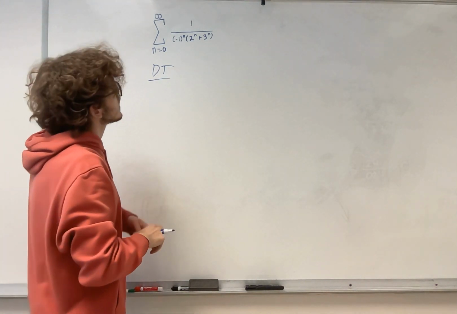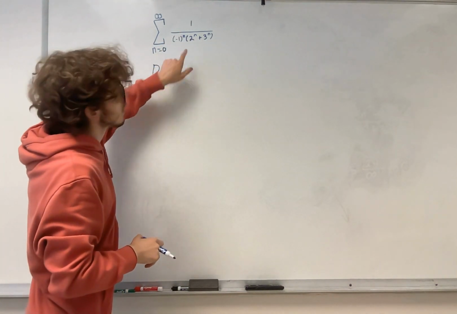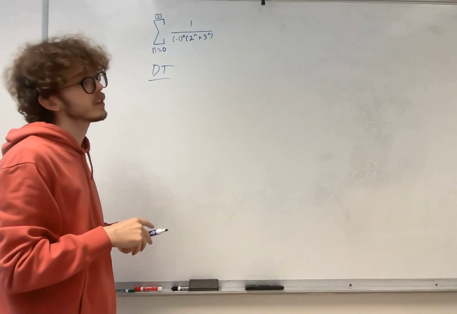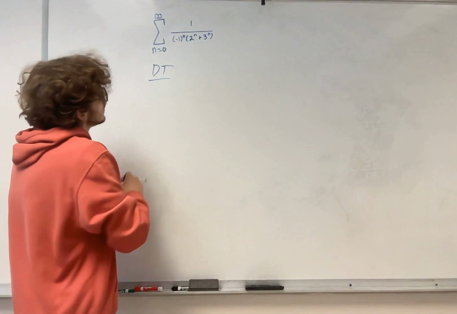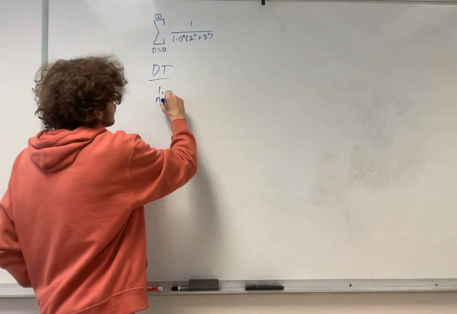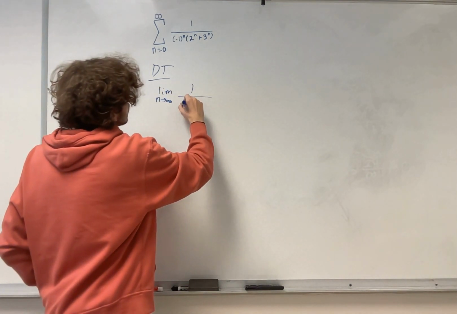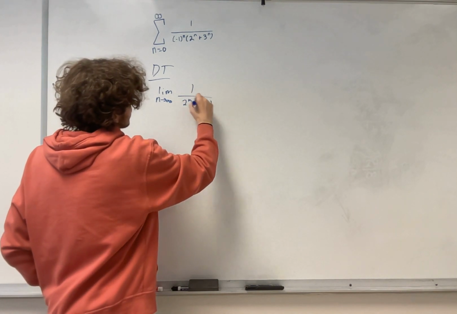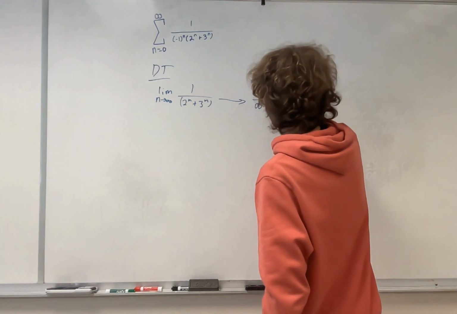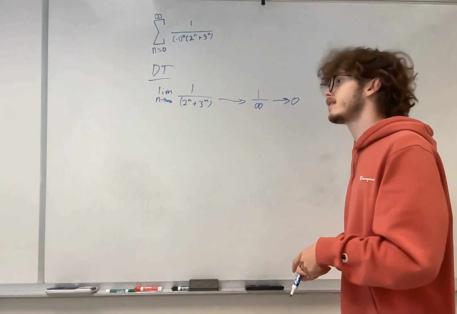But the divergence test of just a_n without the operator. So basically this is the divergence test, but take out the -1 operator. So what this says is, take the limit as n approaches infinity of 1 over 2^n plus 3^n. Okay, quite simple. You do that and you're going to see it's 1 over infinity, which is just 0, which is inconclusive.